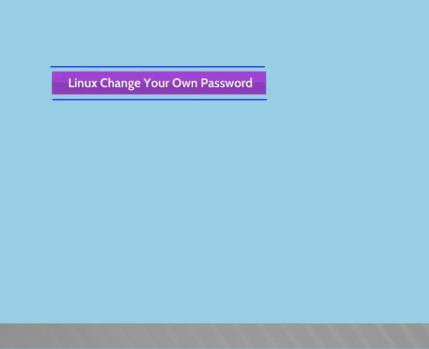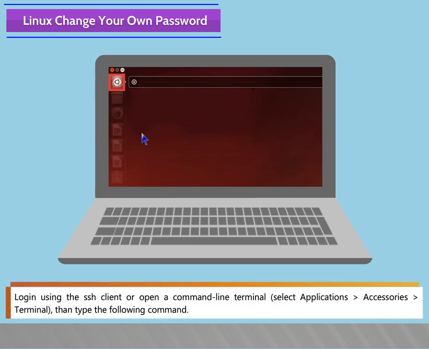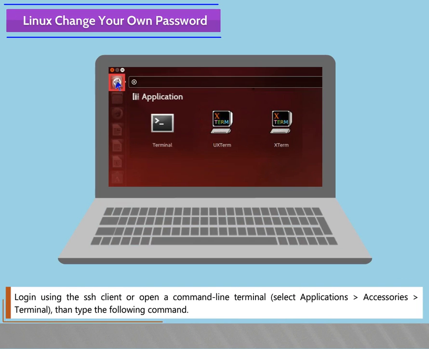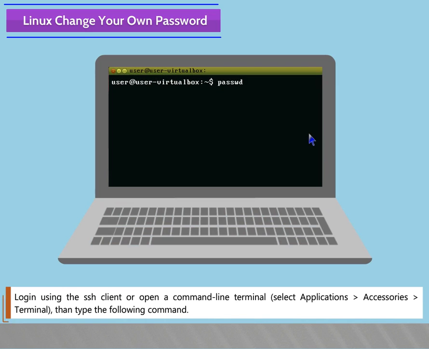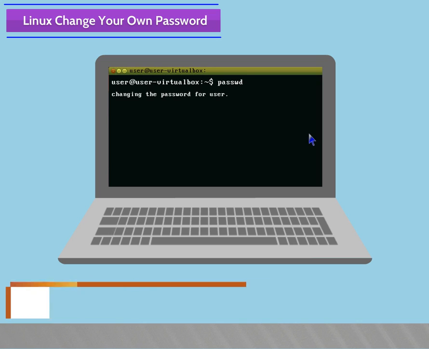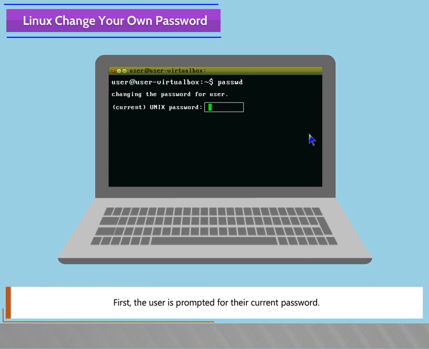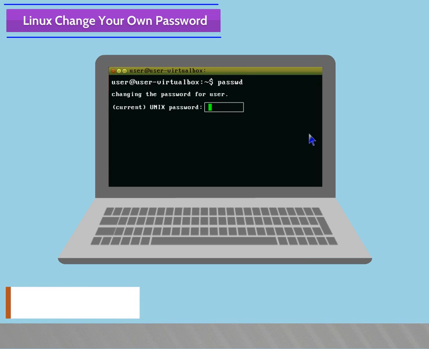Linux: change your own password. Log in using the SSH client or open a command line terminal, that is, select Applications, Accessories, Terminal, then type the following command. First, the user is prompted for their current password.